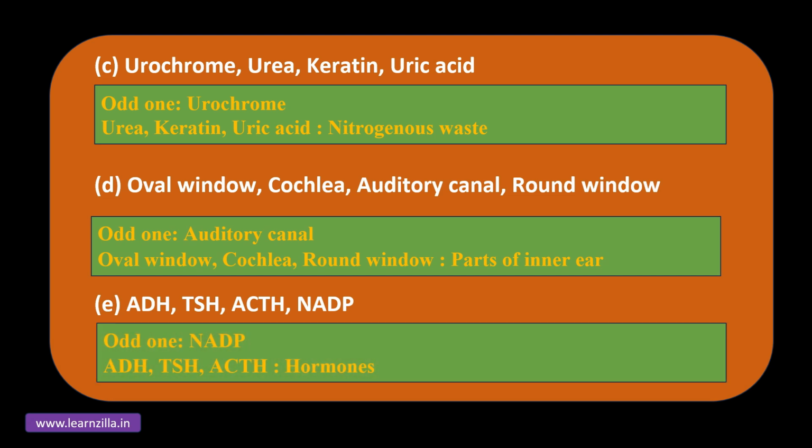NADP is the odd one out because ADH, TSH and ACTH are all the hormones, right? NADP is nicotinamide adenine dinucleotide phosphate. ADH is antidiuretic hormone. TSH is thyroid stimulating hormone. ACTH is adrenocorticotrophic hormone. To learn about all the abbreviations, please check our video exclusively on abbreviations.